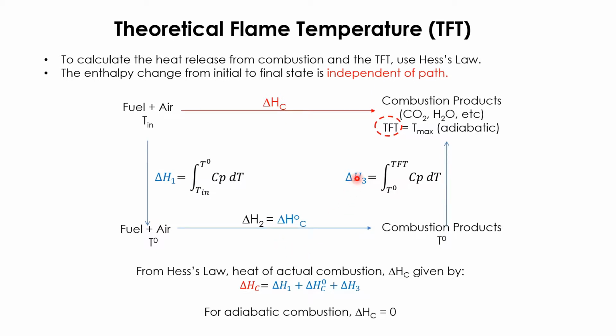Remember that for adiabatic combustion, delta Hc equals 0. By using this equation, we will be able to estimate the theoretical flame temperature of a furnace burning a certain fuel.